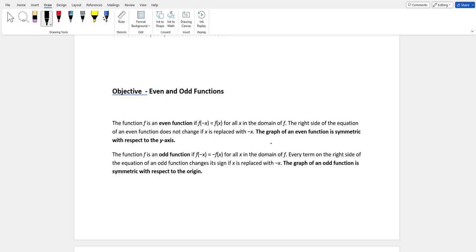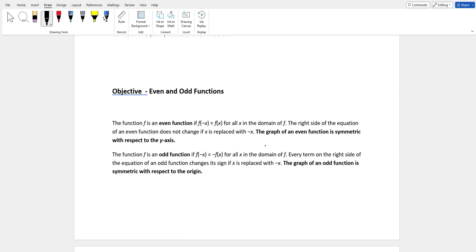So before, when we talked about symmetry about the y-axis, we stated that if you fold the graph along the y-axis, the graph will meet up. The function f is an odd function if f of negative x is equal to negative f of x for all x in the domain of f.